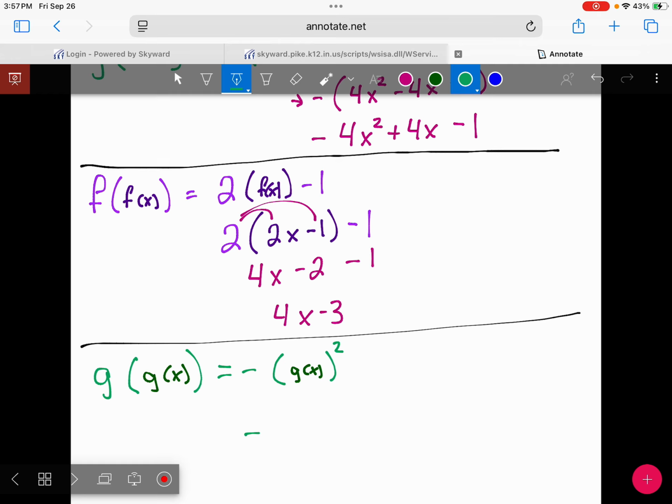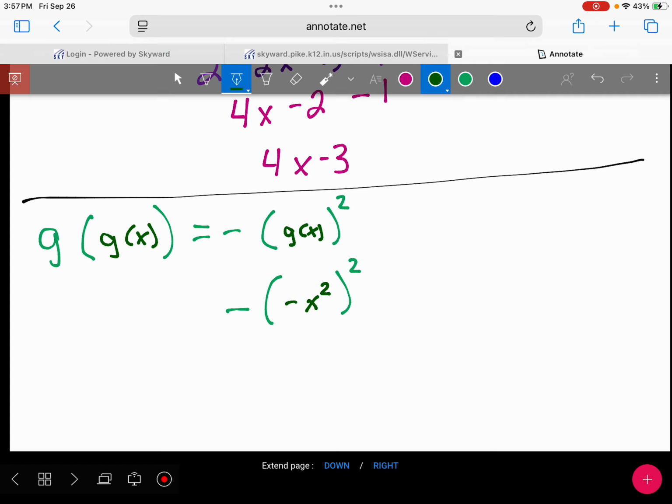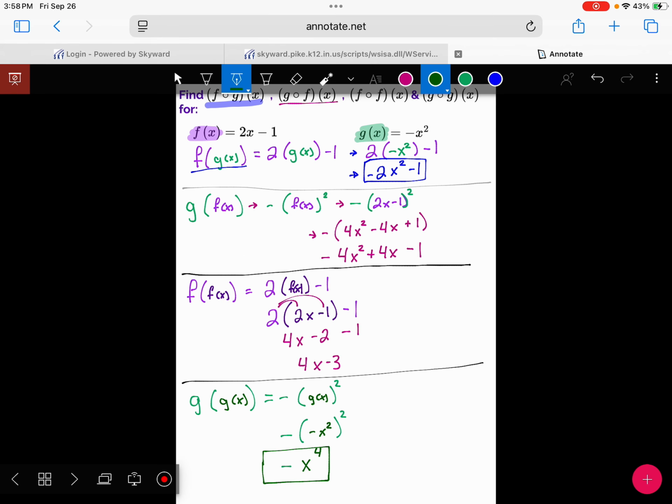Well, that's the same thing as having the opposite of negative x squared, squared. When we come through to simplify, we know that if we square something, it doesn't matter what sign's inside here, so it's not really going to change anything. So we're going to have our opposite of x squared times x squared is going to give us x to the 4th. So this is our expression for our g of g of x. So that's using all 4 different ways we have to compose some functions.